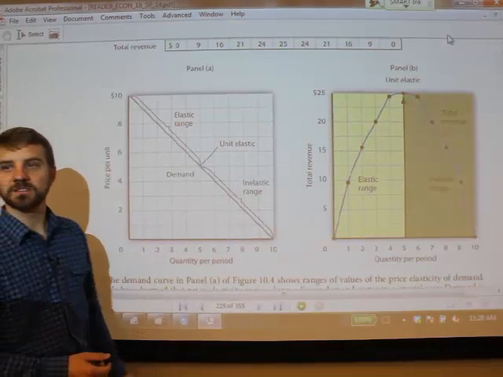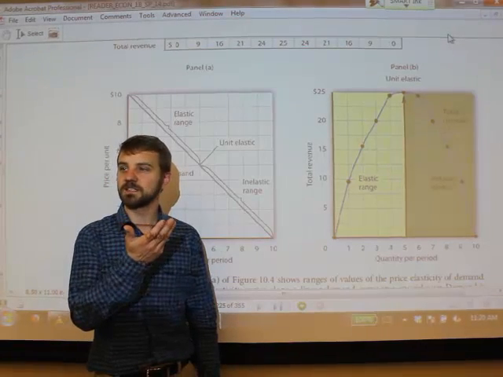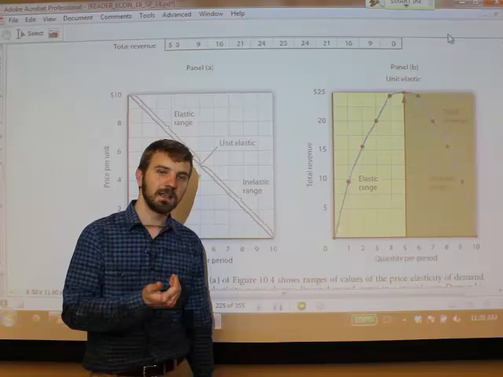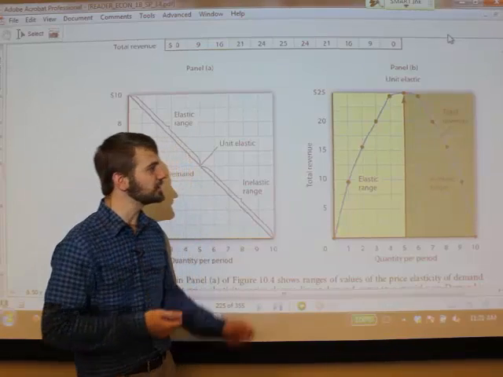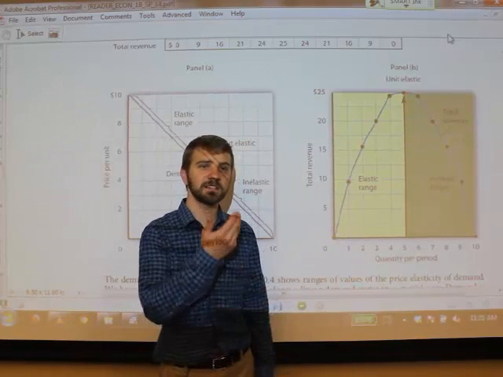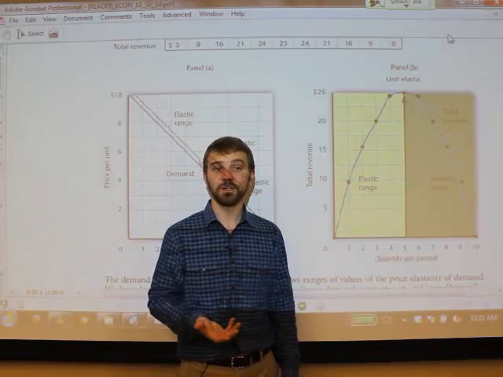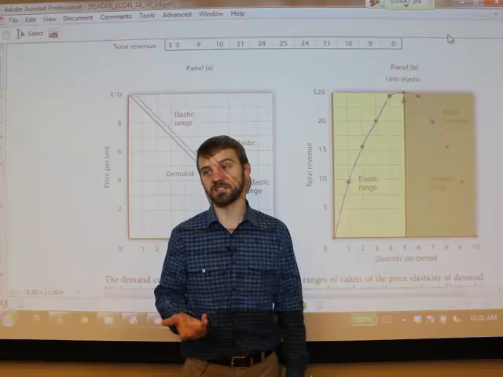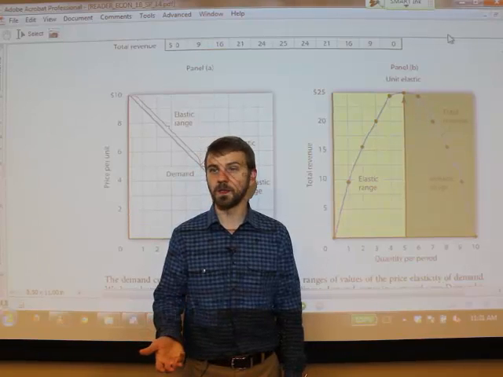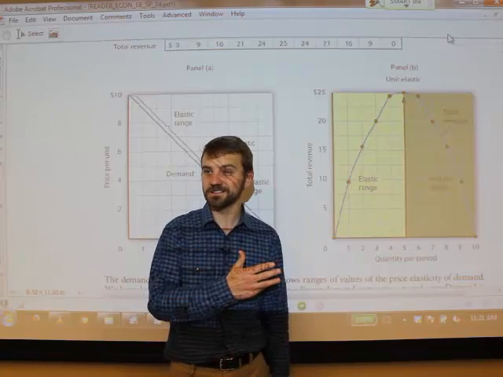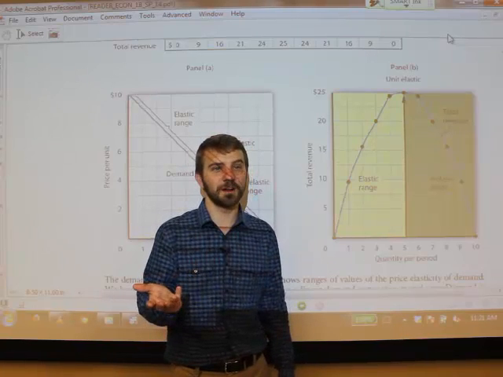In other words, the percentage increase in price leads to a small decrease in quantity demanded, and so your revenue goes up. If you're in the inelastic range and you increase the price, you don't lose that many customers. And certainly, your point is not to maximize revenue, it's to maximize profit. But if you can raise your revenue by producing less, that's going to increase your profit, right?